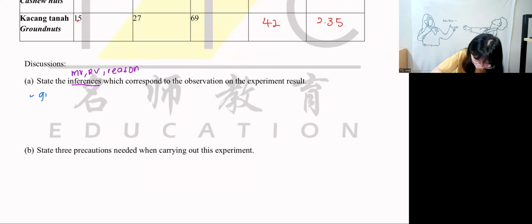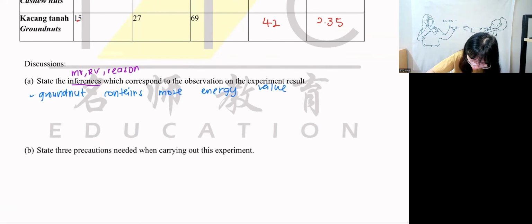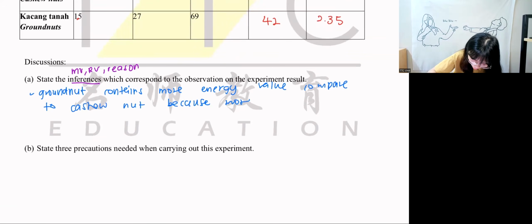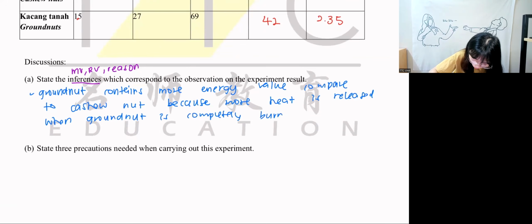We can say groundnut contains more energy value compared to the cashew nut because more heat is released when groundnut is completely burned.